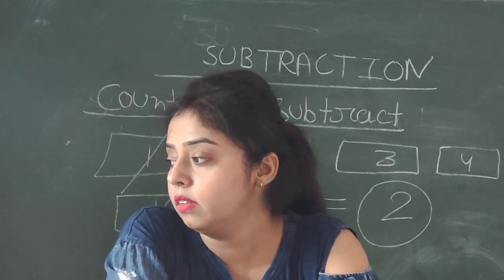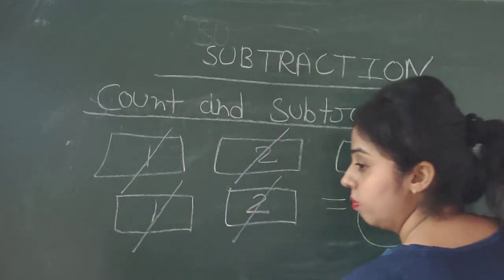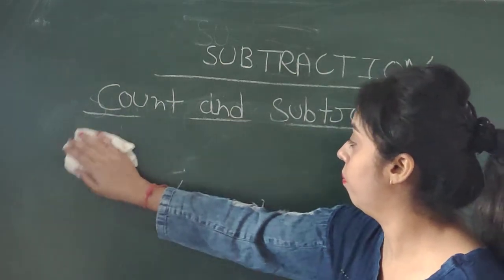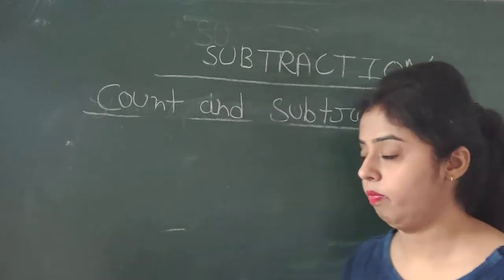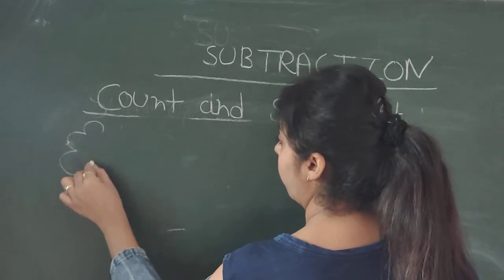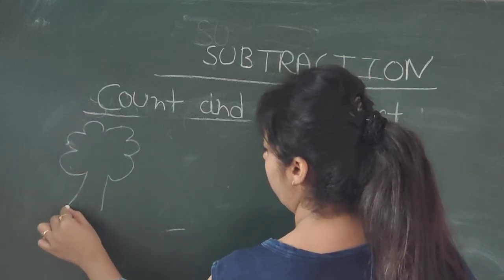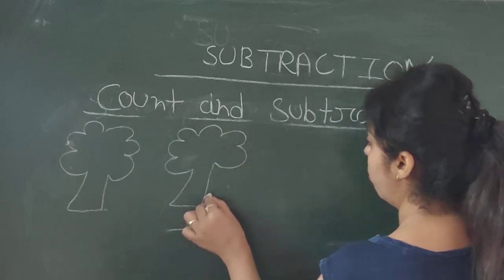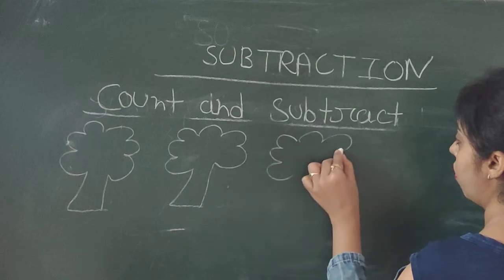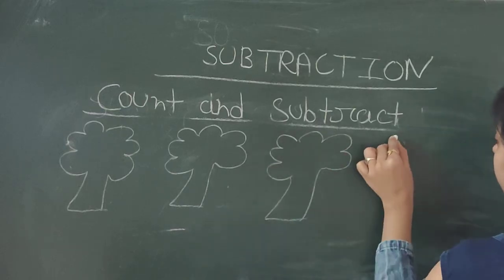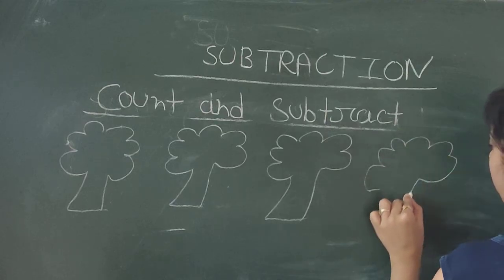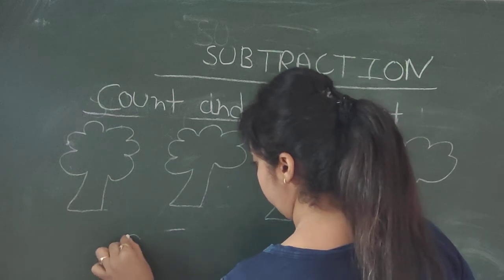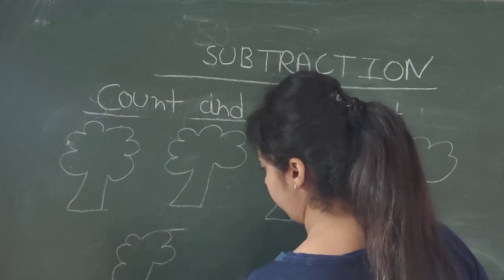Other example is one, 2, 3, 4. Subtract the one tree.